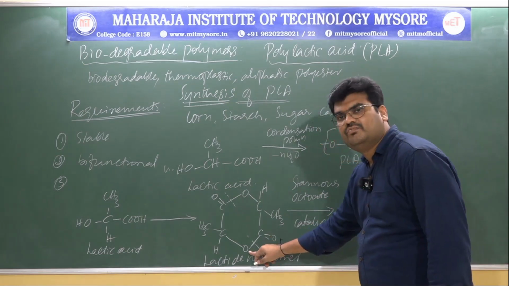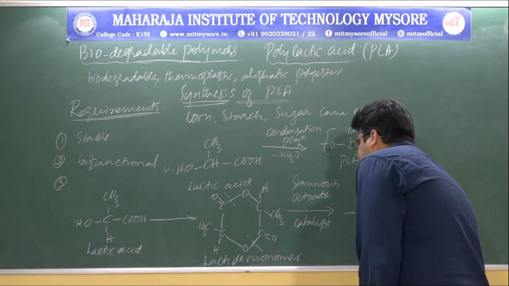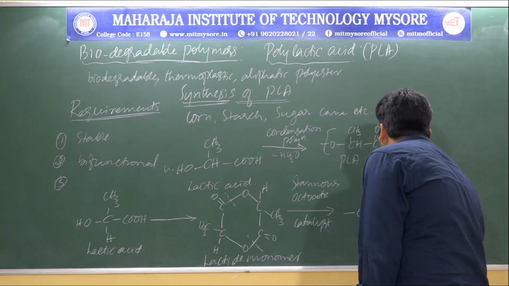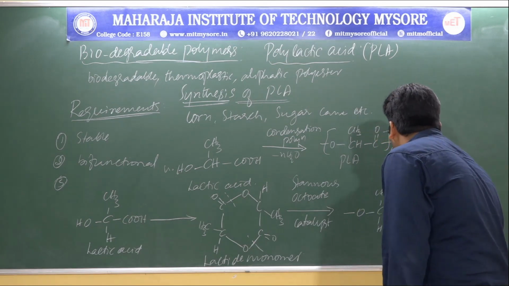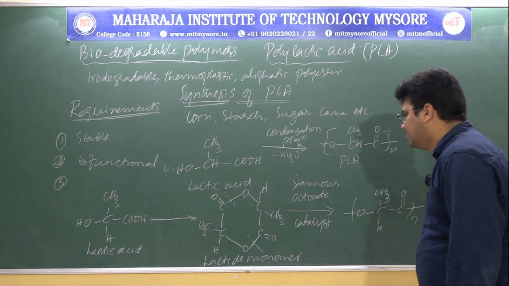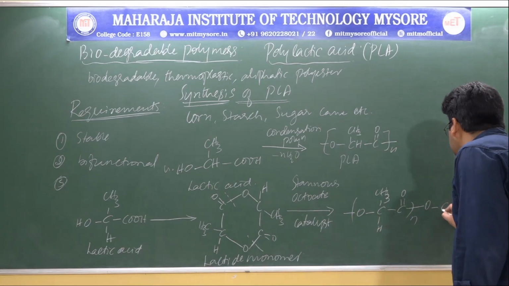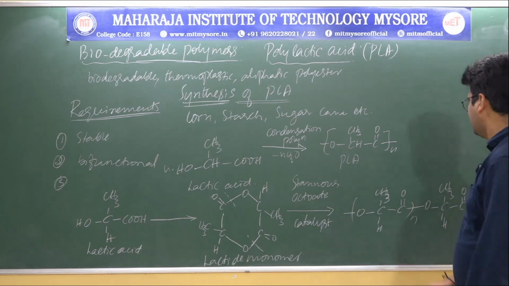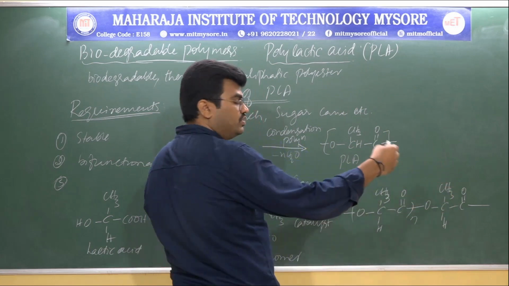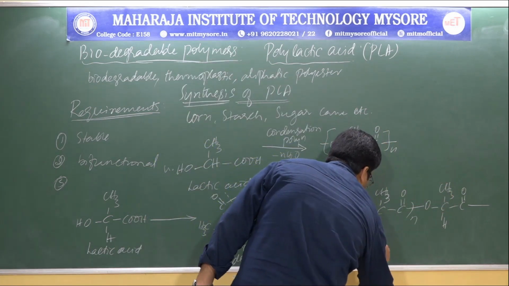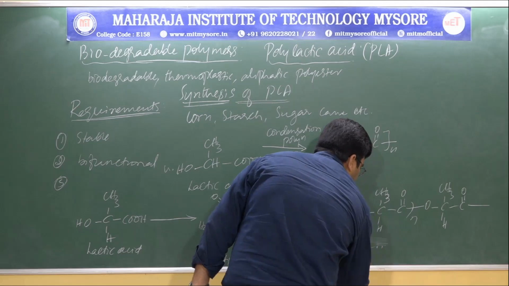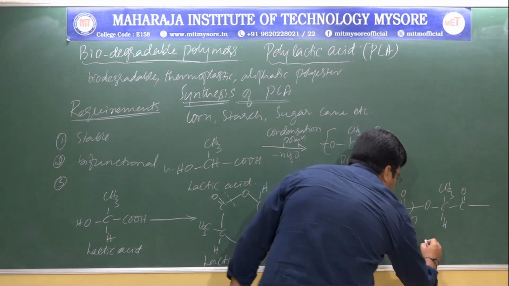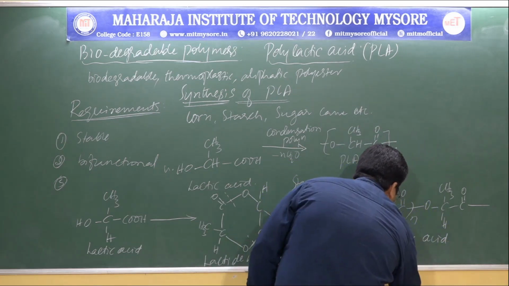I will start from this: O, CH, CH3, then C double bond O, n times, and then O, CH, CH3, C double bond O, right? Likewise the chain continues, and this structure itself is called polylactic acid, or else I will write the full form, polylactic acid, right?